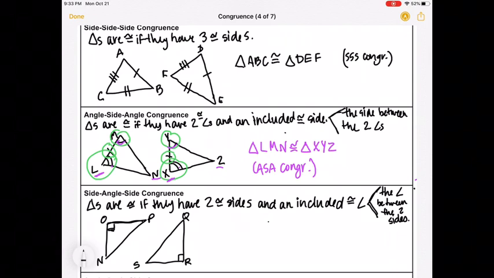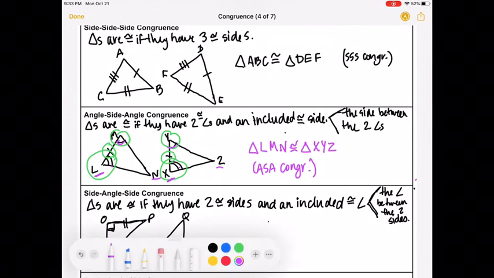Okay, so if they tell you in a proof, then you have to go in and mark it. So segment NO is congruent to QR. I know I did not make those look very congruent, but let's just pretend. And then OP is congruent to SR. So here they didn't actually tell us that our angles are congruent, but we know they are both 90 because that's what the right angle symbol shows us.